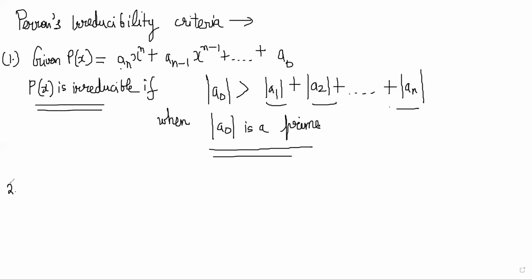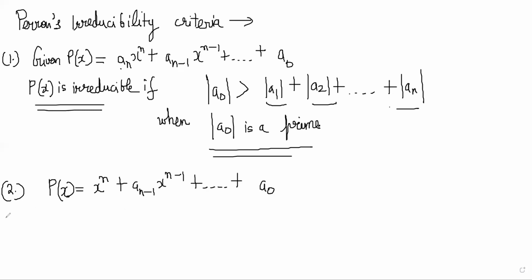The second version of it is somewhat more useful in problems, so we'll write that as well. Suppose p of x is given as x power n plus an minus 1 x power n minus 1 and so on till a naught.